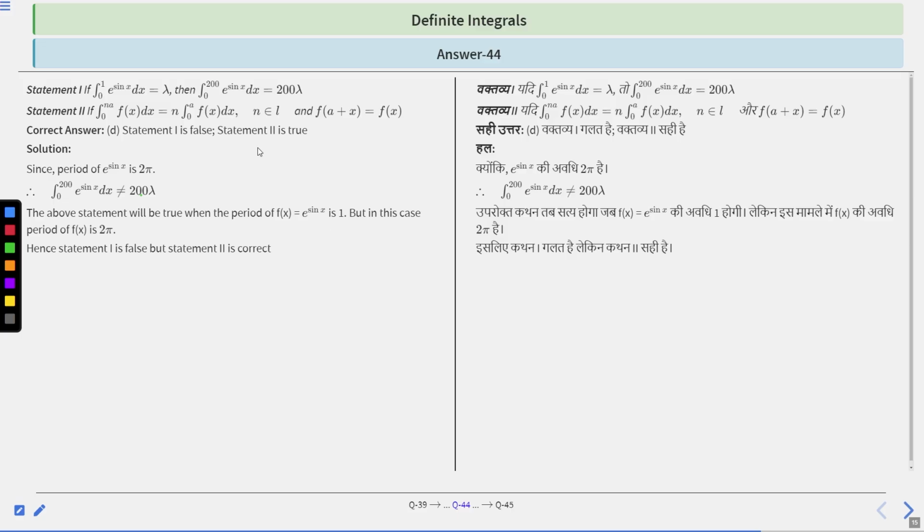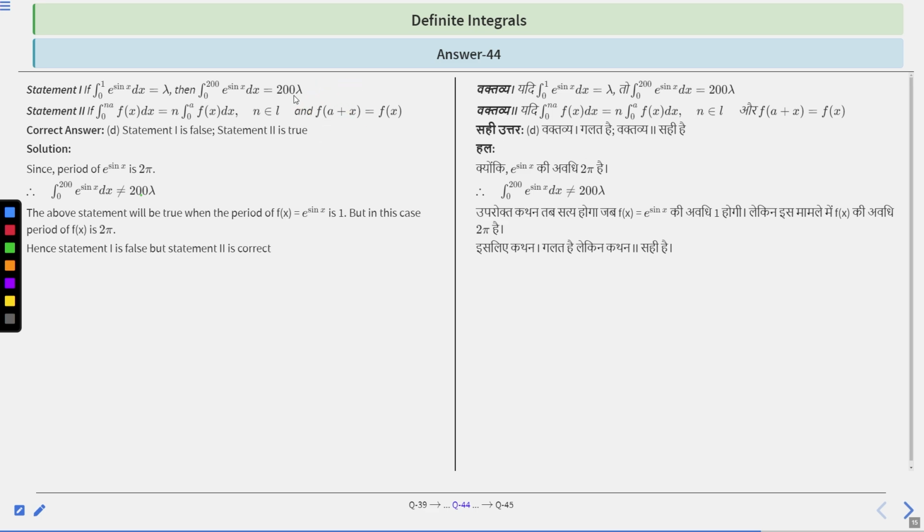That's why I told you to check this condition, right? But this condition is not valid here because f of 1 plus x is not equal to f of x. F of 2 pi plus x is equal to f(x) is true, because the period of e to the power sin x is 2 pi.